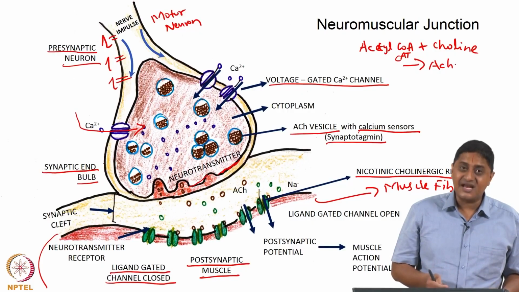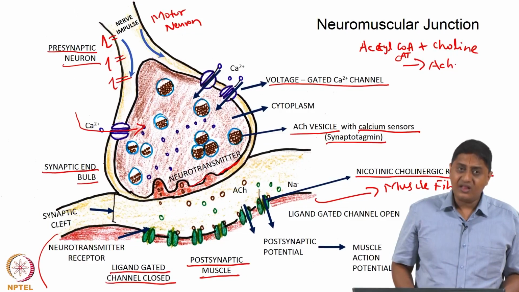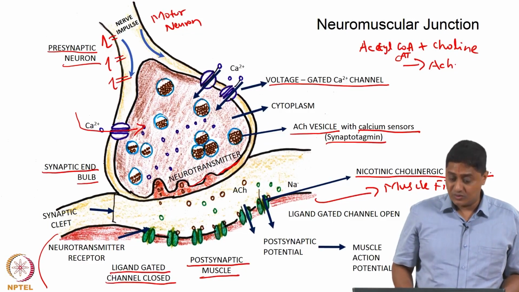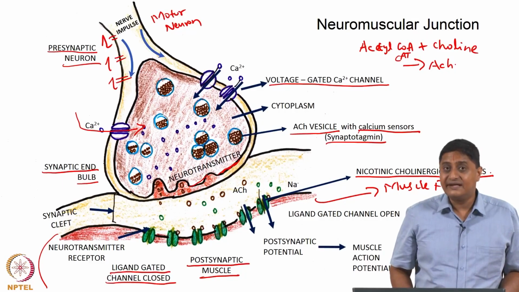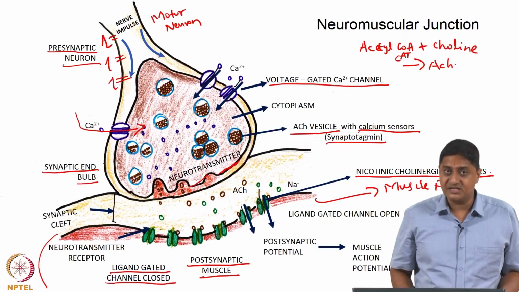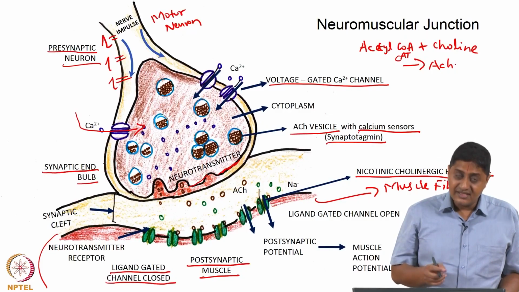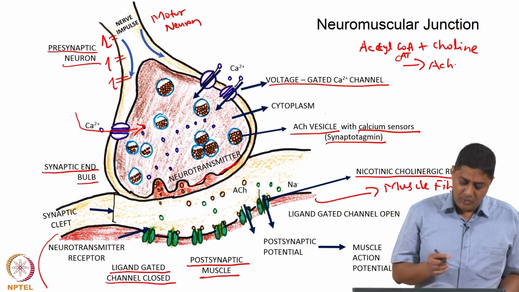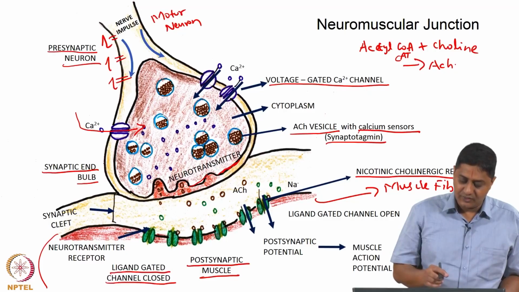Whenever acetylcholine attaches to the nicotinic cholinergic receptors, these receptors, which are basically channels, open and let in sodium inside. These are slightly different from the regular stimulus driven or voltage gated sodium channels. These are ligand gated sodium channels which open only when that particular chemical, in this case acetylcholine, attaches to them.